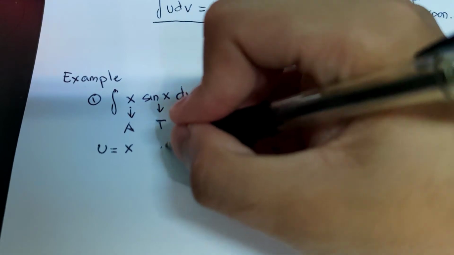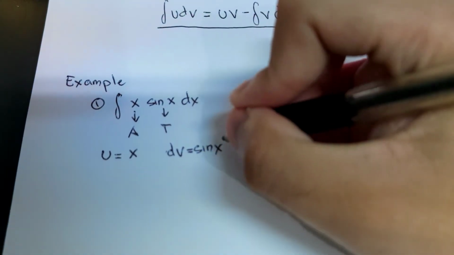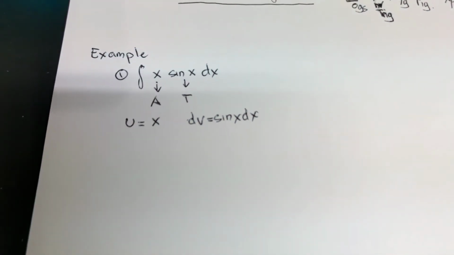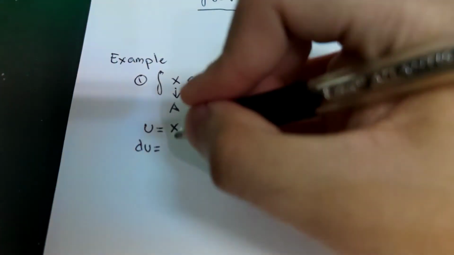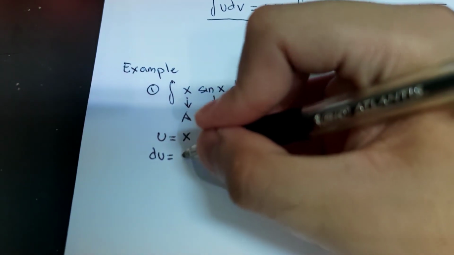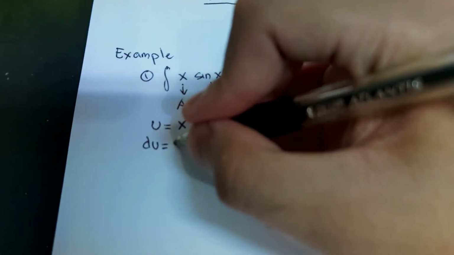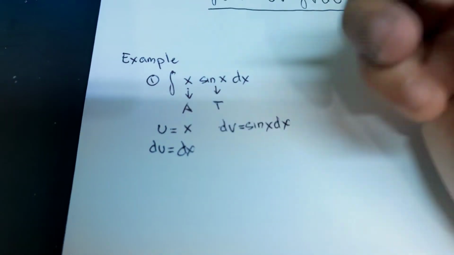our dv will be sine x dx. So what's the derivative of u, du, which is x? Our derivative of u, which is x, is equal to the derivative of x, which is dx.